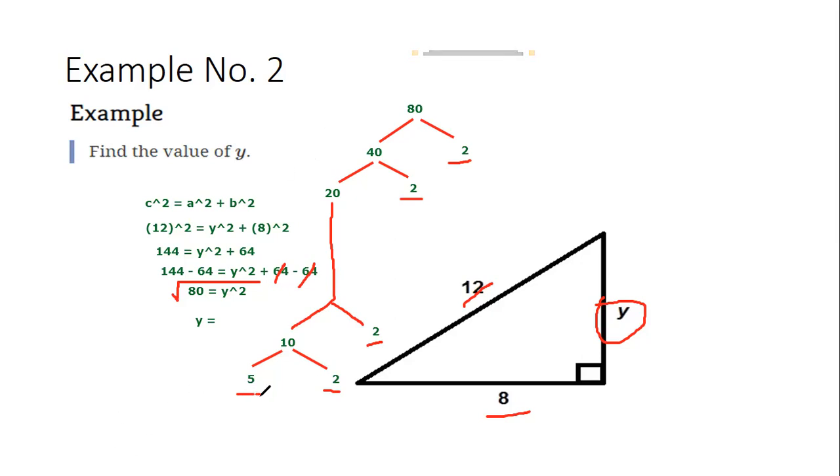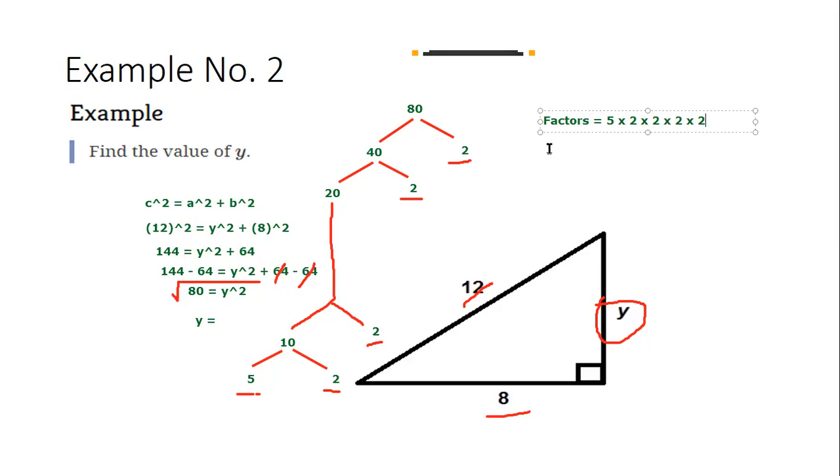And what constitutes a prime number? The number 1 and the number itself. So that's a prime number. So what are the factors of 80? The factors are 5 times 2 times 2 times 2 times 2.